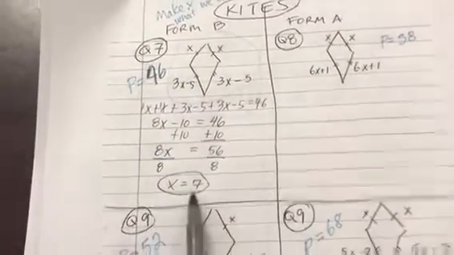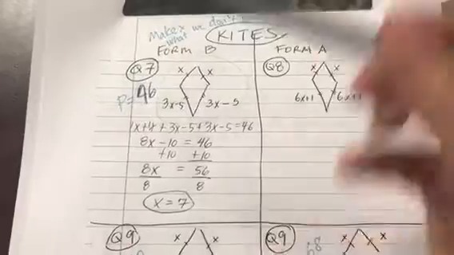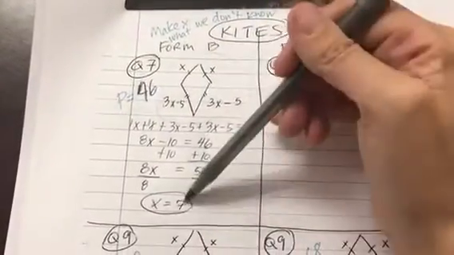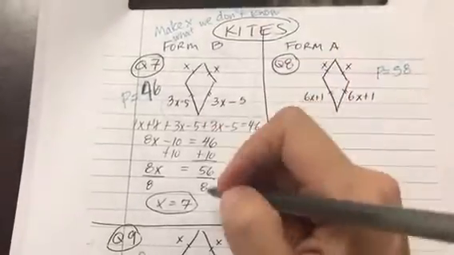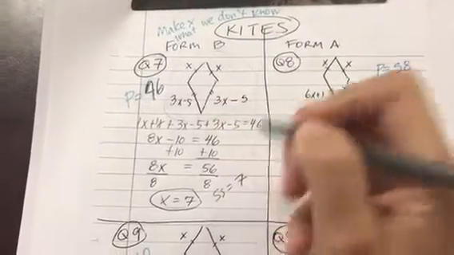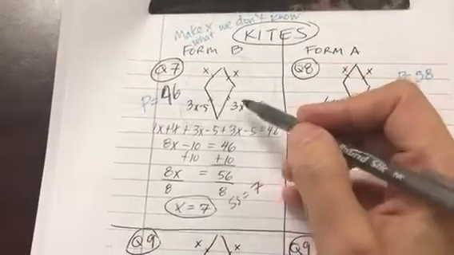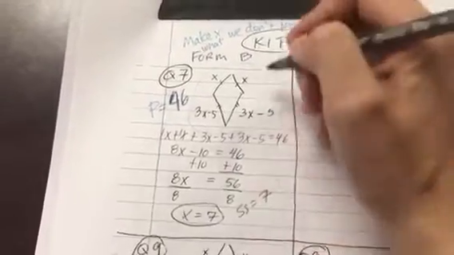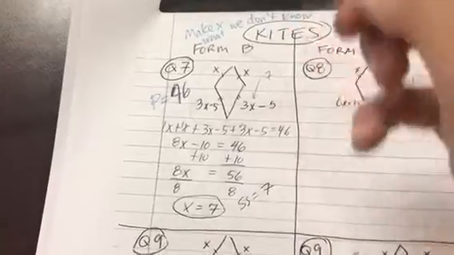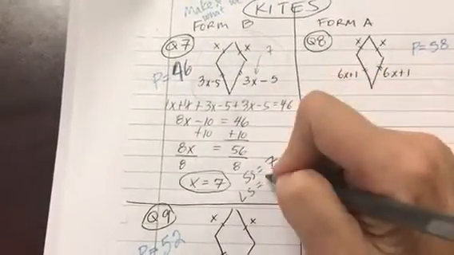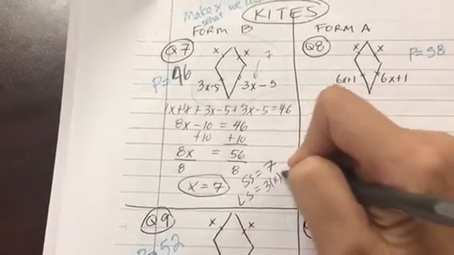Now that we've solved the mystery of the x, we can go ahead and plug it back in to solve for the side lengths. The short side would be 7, whatever x is. So we know that x is 7. My long side would equal 3 times x minus 5.